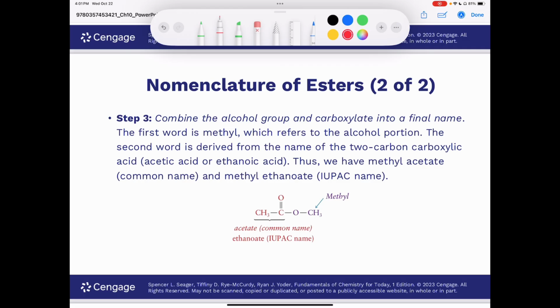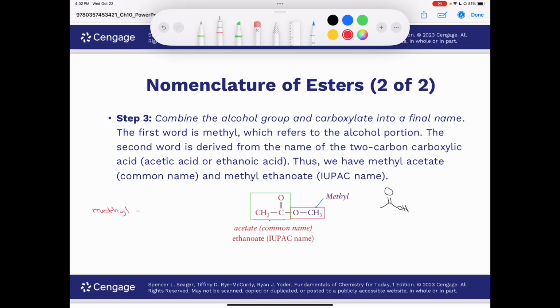So if you take a look at the example that they've given you here, this portion here is the part that comes from the alcohol. And so you can see it's got a methyl group on it. So we would call this compound methyl something. And that something, well, if you think of this portion as coming from a carboxylic acid, a two carbon carboxylic acid, that would be either acetic acid or ethanoic acid.